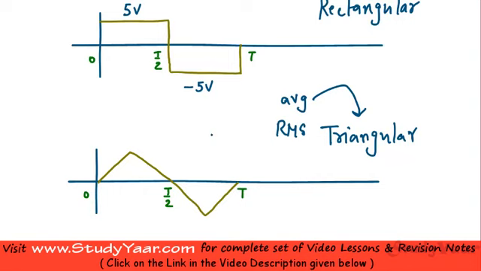Because if you know how it looks, you are going to be able to find the equation of this waveform and then use the formulas which we had seen earlier to find either the average value or RMS value, and then based on this you can find your form factor or peak factor or whatever. We are going to take a look at an example and also find the average and RMS value of one of these waveforms.